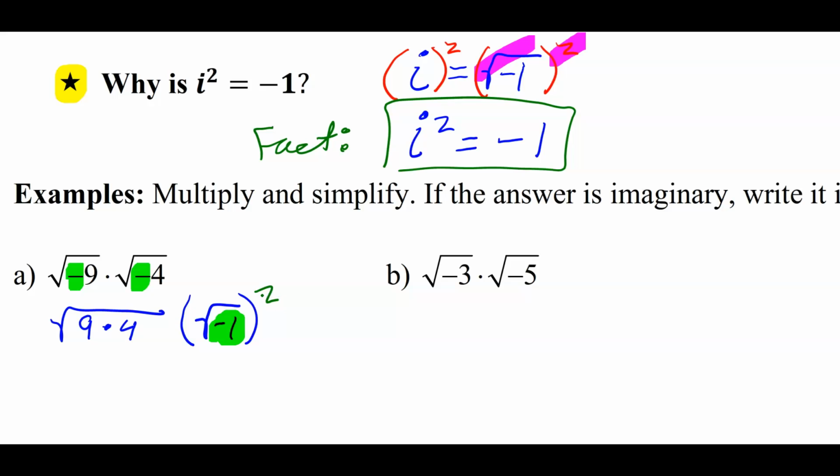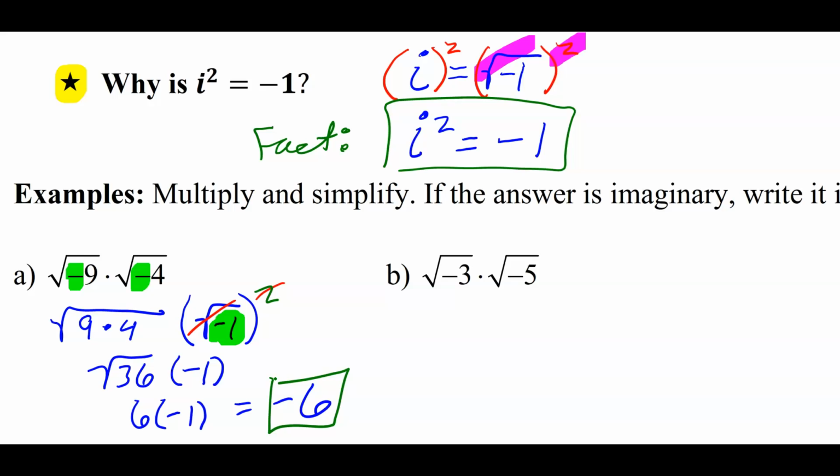Because I'm squaring it, I'm going to get the square root of 36 here, and this is going to turn into -1. So the square and the square root reduce each other, and I'm left with the square root of 36, which is 6, times -1. So my answer on this one is -6.